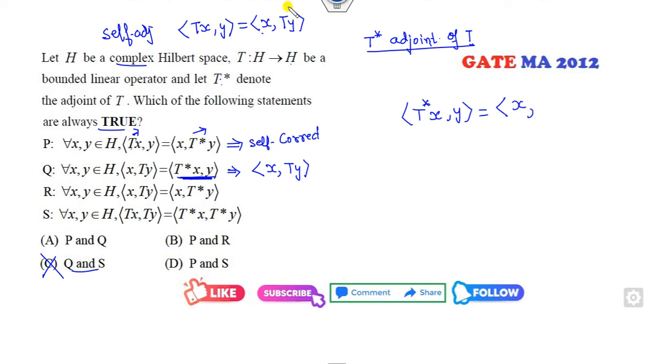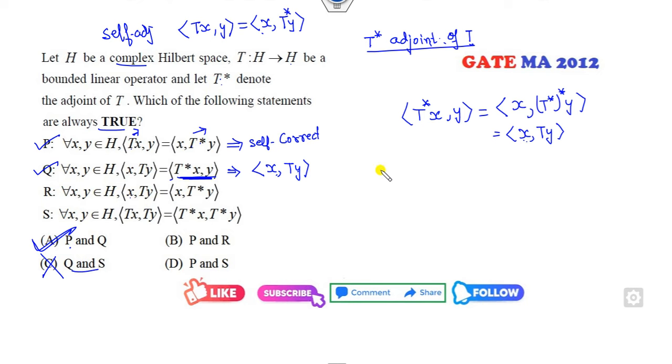So that means T star of T star. So what is the T star of T star? It's my simple T. So you can see they are the same, x comma Ty and x comma Ty. So this is also the correct statement. So P and Q are my correct statements.